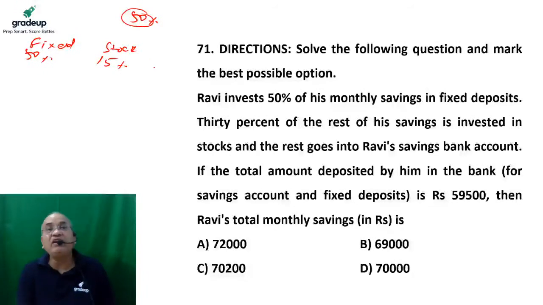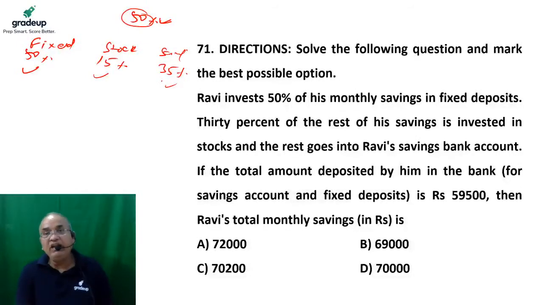And the remaining in the saving bank account. The saving bank account remaining is 35%. 50% gone, 15% in stock, and the remaining goes to the bank.